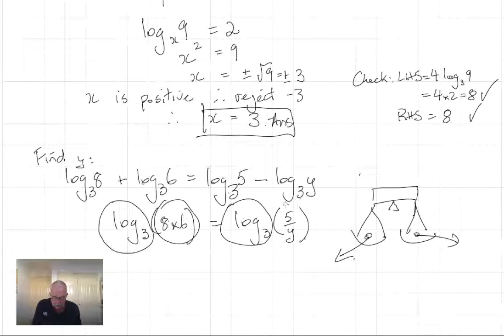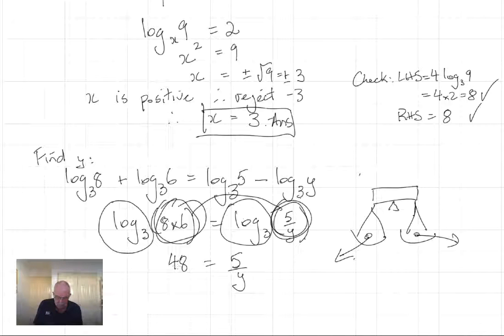These two must be equal, because the log to base 3 of each gives the same result, so the numbers must be the same. So 8 times 6 is 48 equals 5 over y.